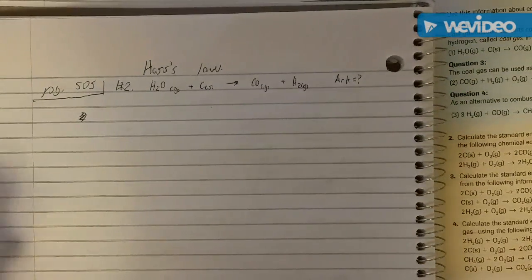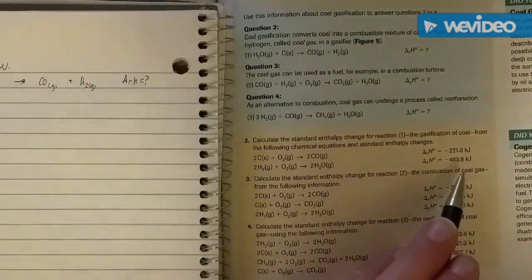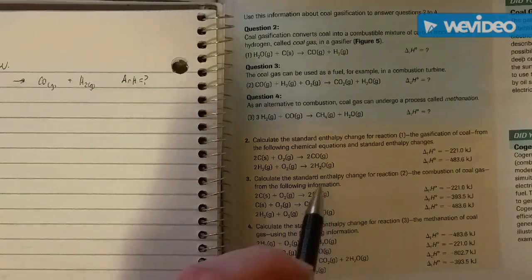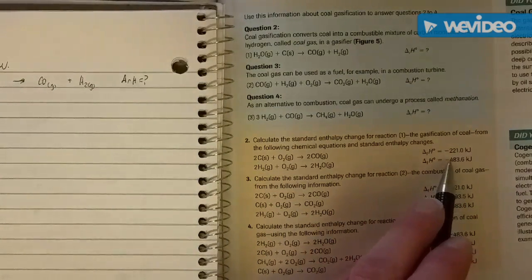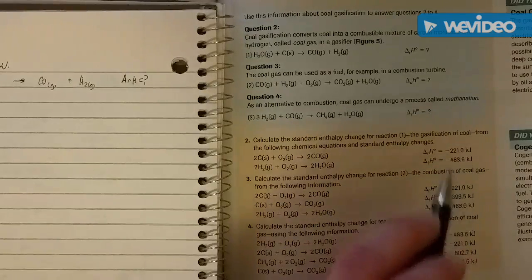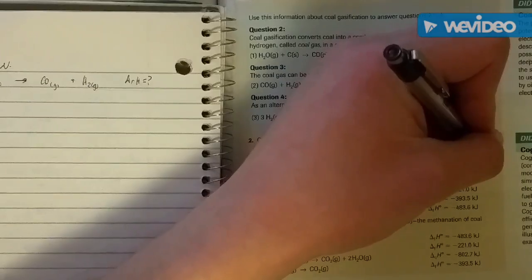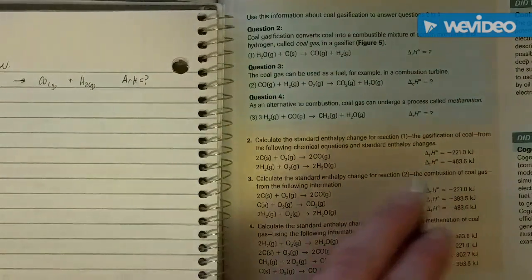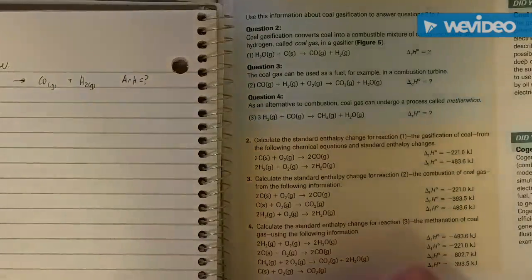If we were to divide it by 2 and reverse it, we would have to take our enthalpy formation, and if we are to reverse anything, we reverse the sign by going negative. And if we're to divide it by 2, we'd also have to divide it by 2 here.